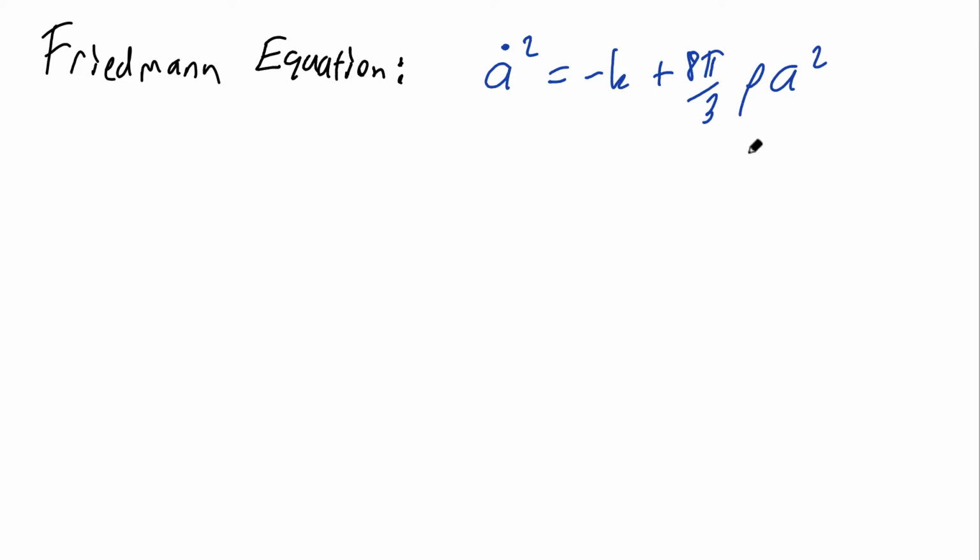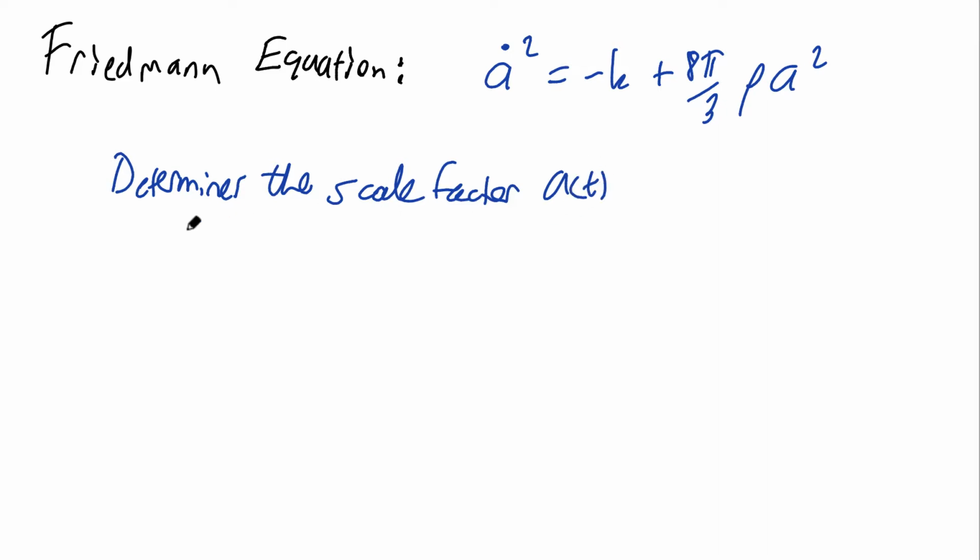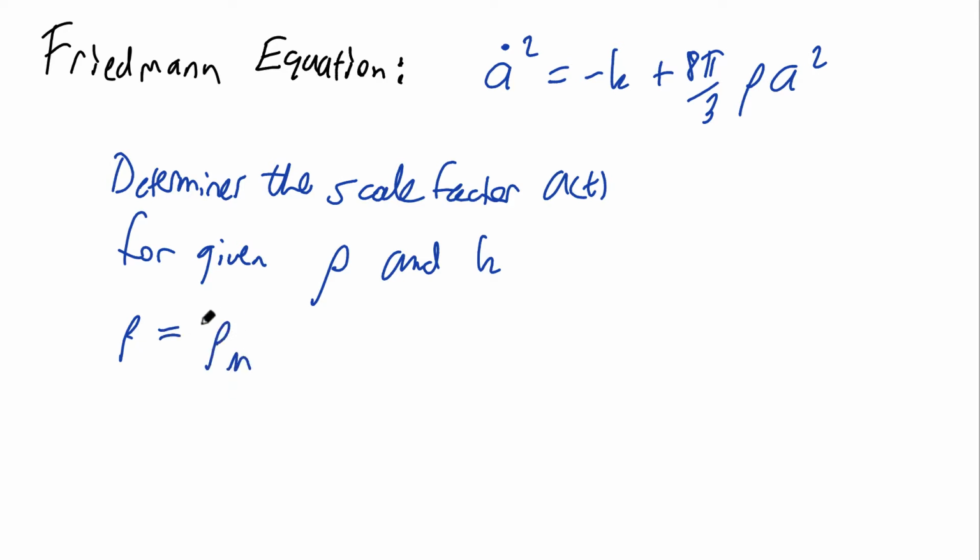So this equation determines the scale factor of the universe, this a of t, for a given choice of matter content and a choice for this constant k, which is either plus or minus 1 or 0. Now for our basic cosmological model, rho consists of an ordinary baryonic matter plus dark matter component rho sub m, a radiation component rho sub r, and a dark energy component rho sub d.